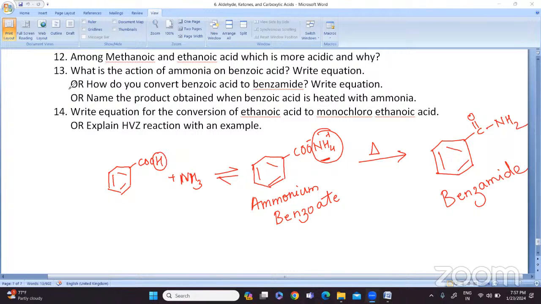So see how the question is asked. What is the action of ammonia on benzoic acid? Write the equation. This particular equation you have to show, that is, you have to mention the names.